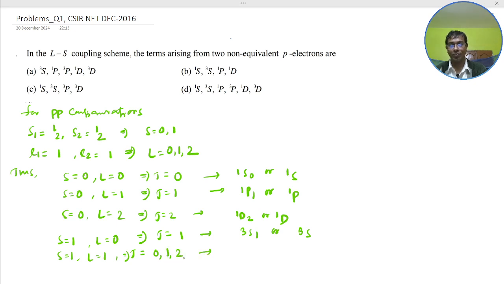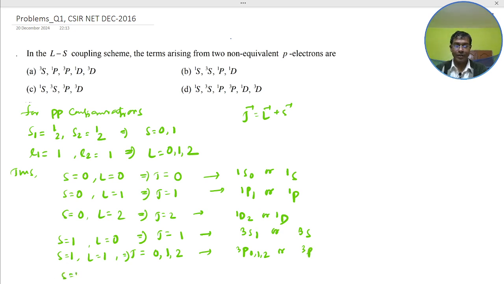You just find the J value as L plus S, that is the multiplet 3P 0, 1, 2 or in short 3P.